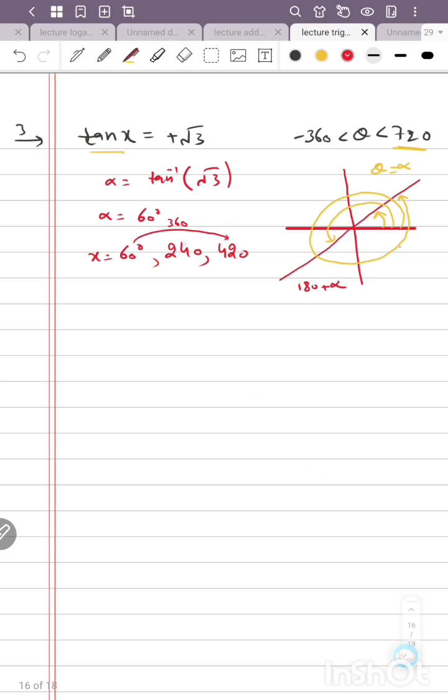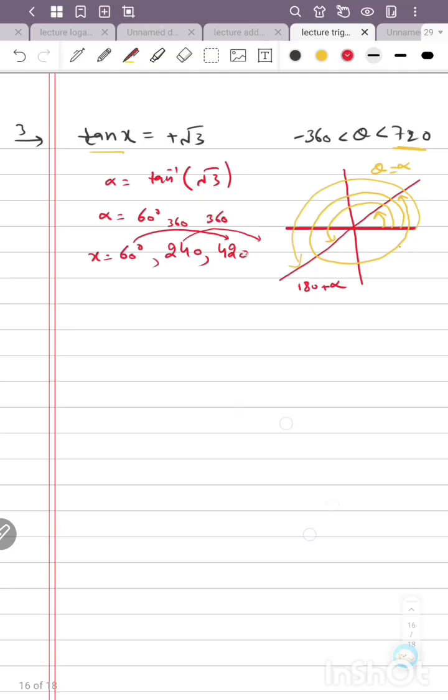Now similarly, when we add 240, this one is going from here. We have to complete 360. Now we have to add 240 more, or we can easily write it as plus 360.